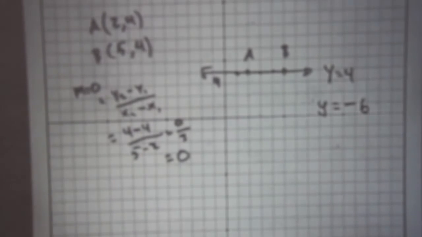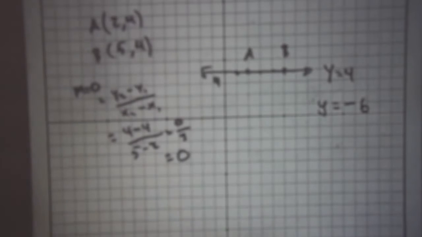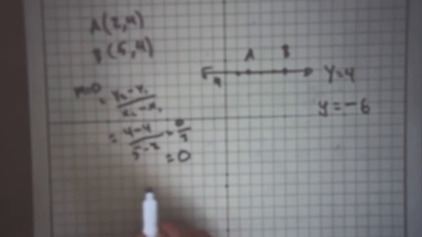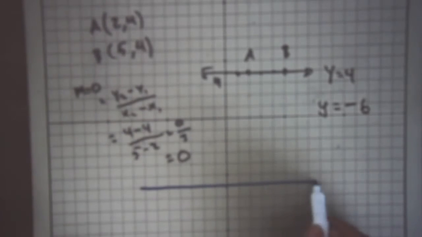So if I'm asking you to sketch y equals negative 6, well, that means it's a horizontal line at negative 6. So here's negative 5, here's negative 6, and here's what the graph of y equals negative 6 is. So I'll draw it in blue since I found my blue marker again.